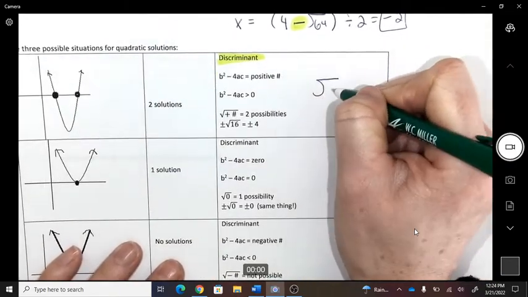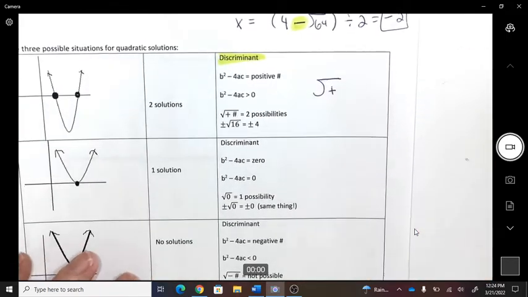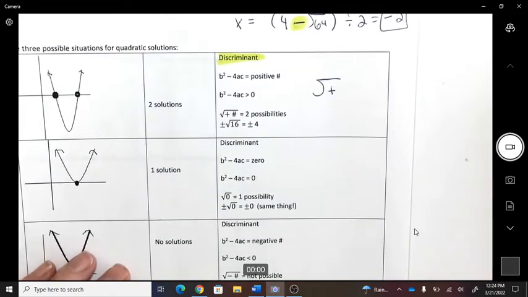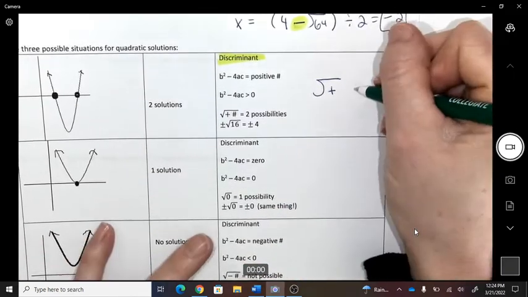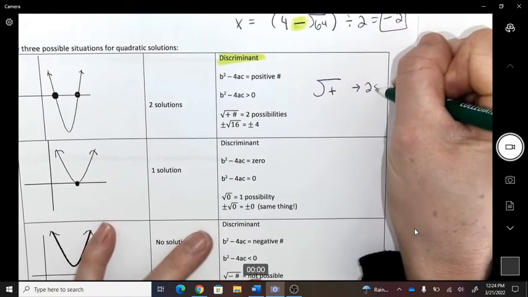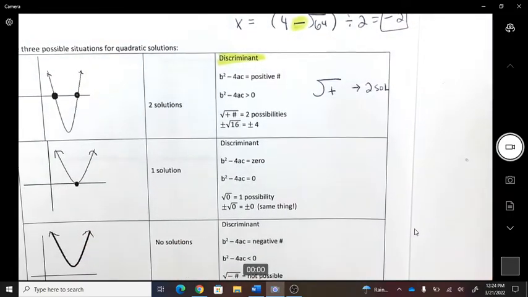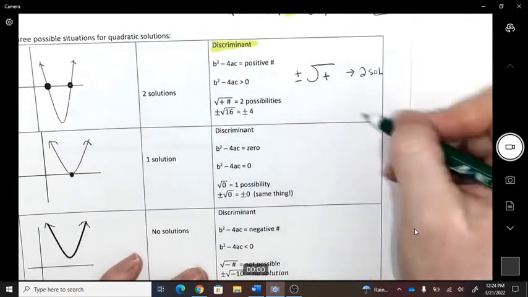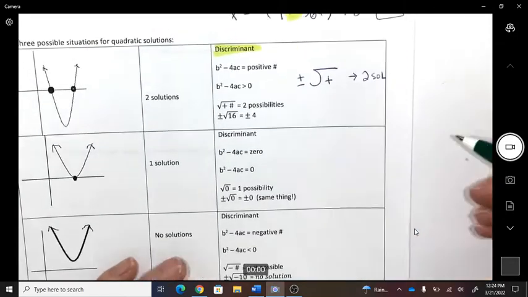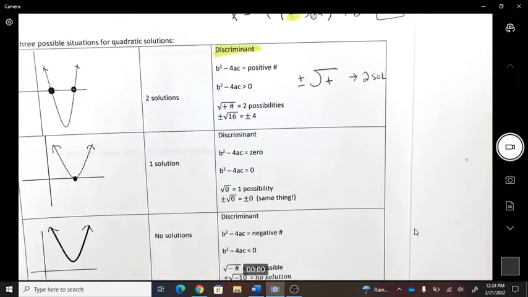If your discriminant is a positive number and you square root it, you're going to have plus, minus, so you're going to get 2 solutions. Because if you add a number or subtract a number, that's going to cause 2 different things to happen.